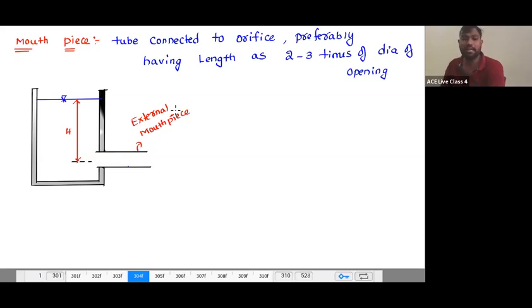This is an external cylindrical mouthpiece, and this tube is known as the mouthpiece, and this is the opening.